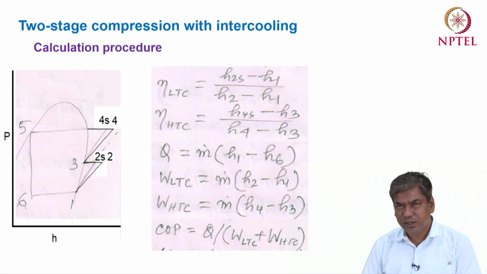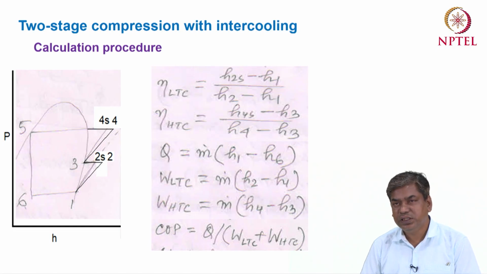Then the compressor work for the second, high temperature compressor is m dot into H4 minus H3. Ultimately we can get the COP of the system by using this equation: the cooling capacity divided by the total compressor work.